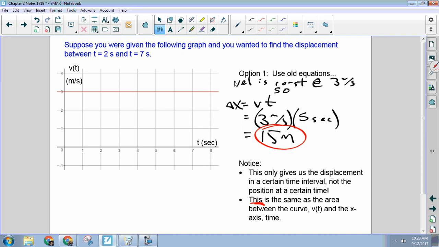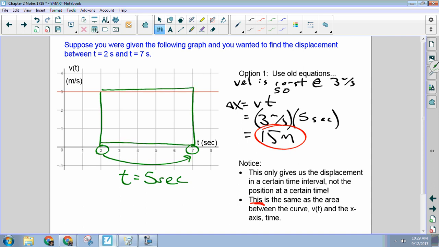In other words, we were trying to find the displacement between 2 and 7 seconds. How much time elapses there? 5 seconds. So picture this rectangle that is boxed out vertically by my time bounds and horizontally by the graph and the x-axis.